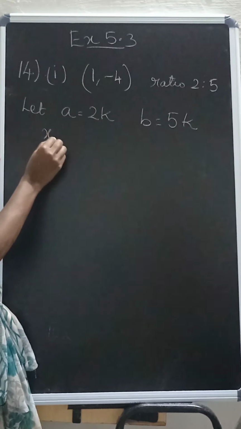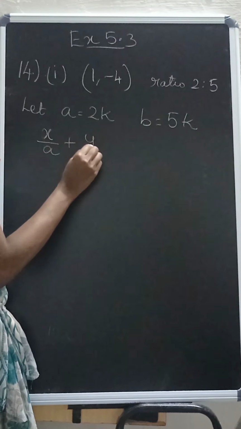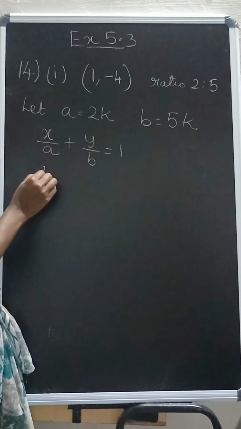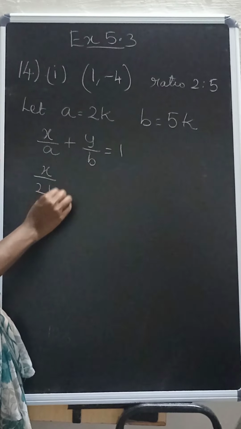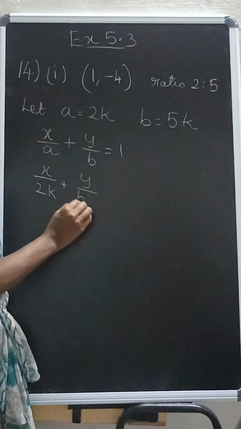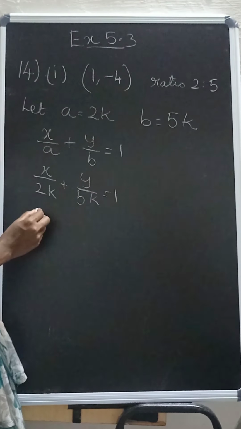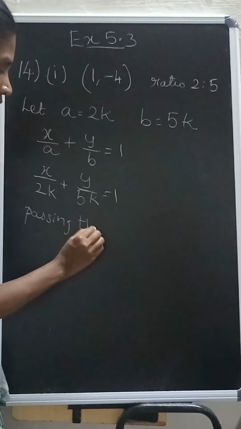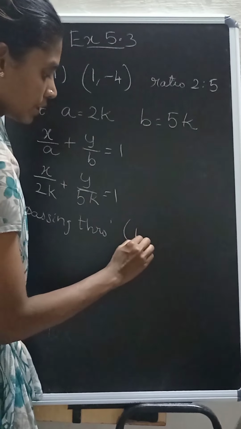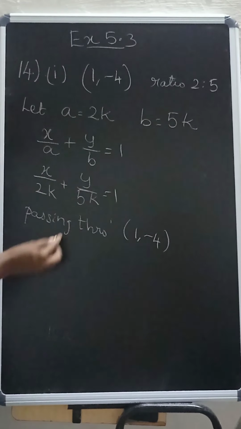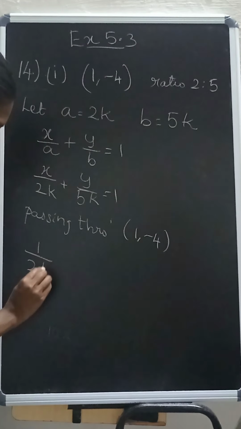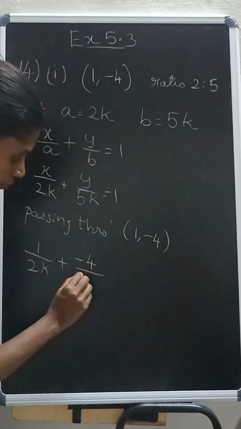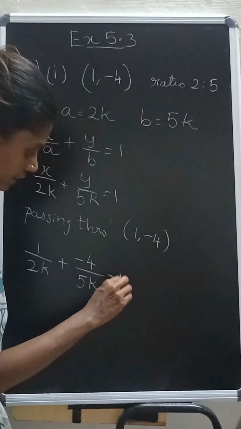So now what is the equation of the straight line in the intercept form? x by a plus y by b is equal to 1. Now substitute the values. x by 2k plus y by 5k is equal to 1. Passing through 1 comma minus 4. So substitute instead of x and y the values. 1 by 2k plus minus 4 by 5k is equal to 1.